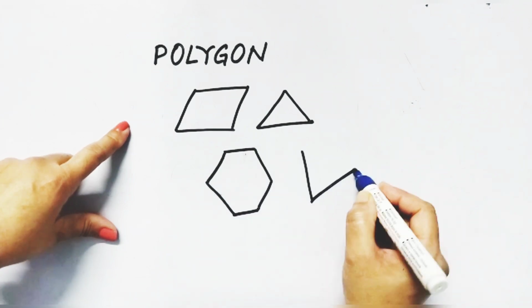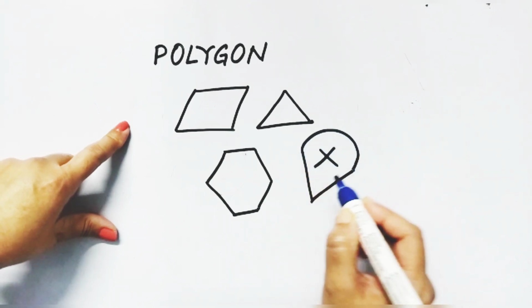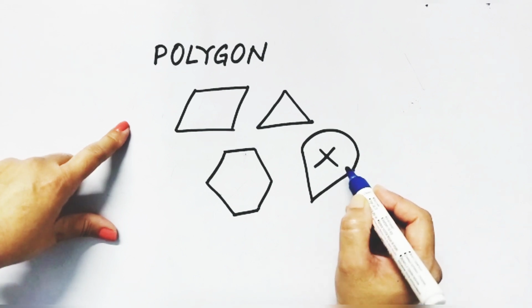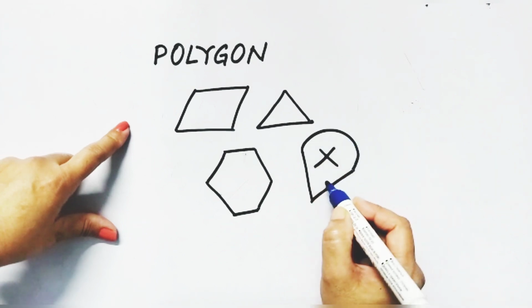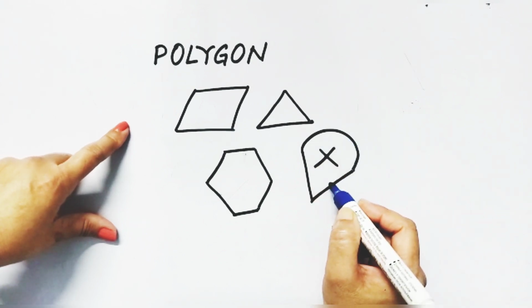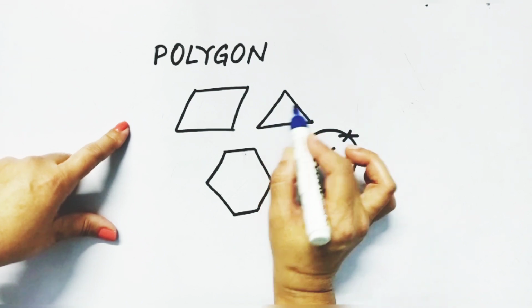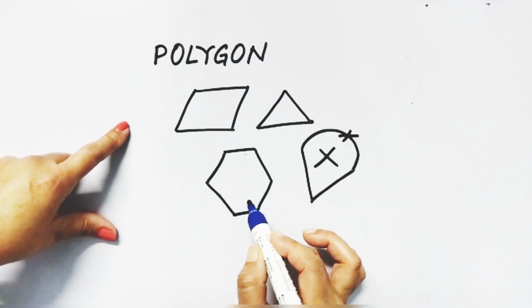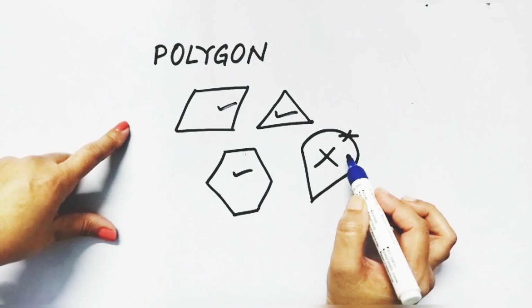This one is a simple closed curve, but it is not a polygon because it is not made up of all line segments. This is not a line segment. Here all 3 are line segments, here all 4 are line segments, here all 6 are line segments. So these are polygons, but this is not a polygon.